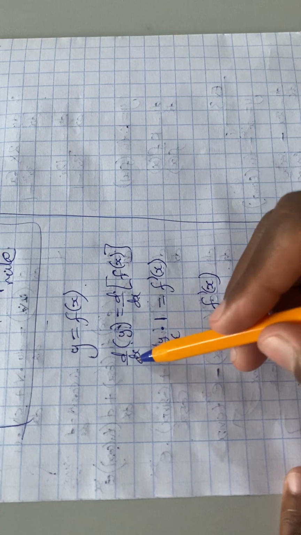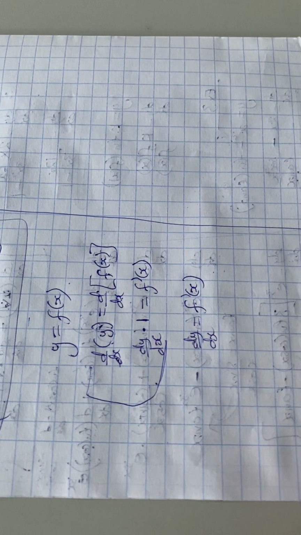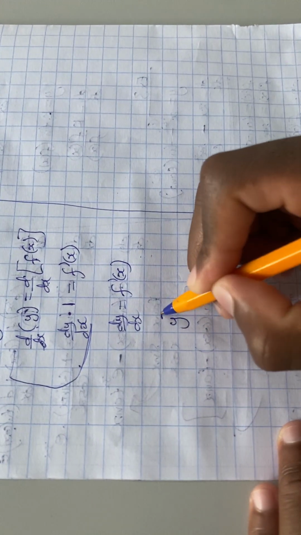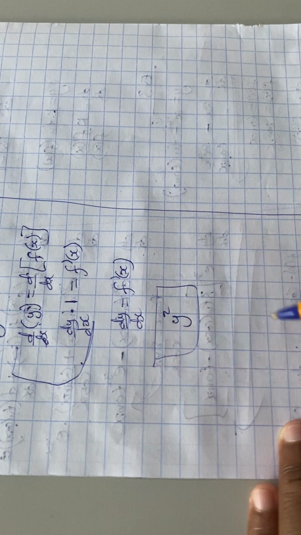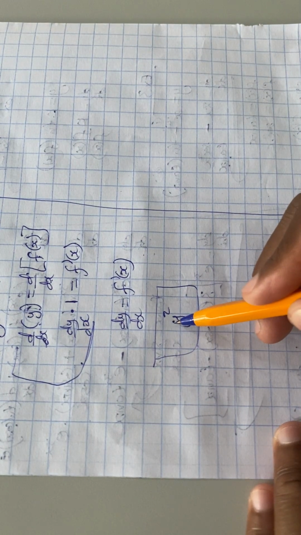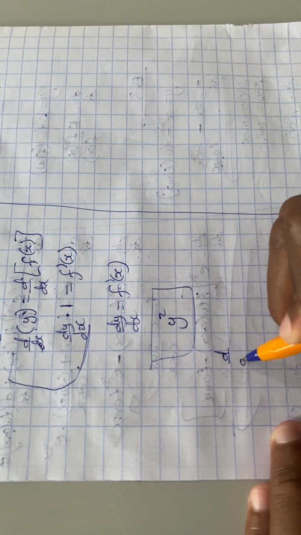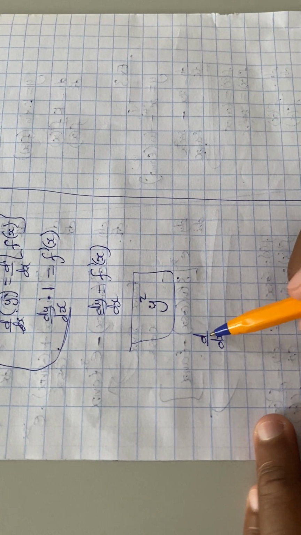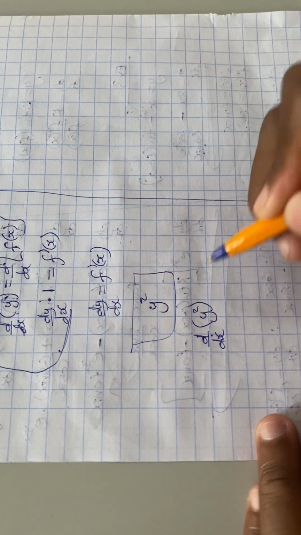So this is what I want you to look at, how we found the first derivative of y. If you're given y squared, and they say find the first derivative of y squared with respect to x, which means you're going to find d/dx. When they say find the first derivative of a function with respect to x, this is how you write it: d/dx of that function, which is y squared.